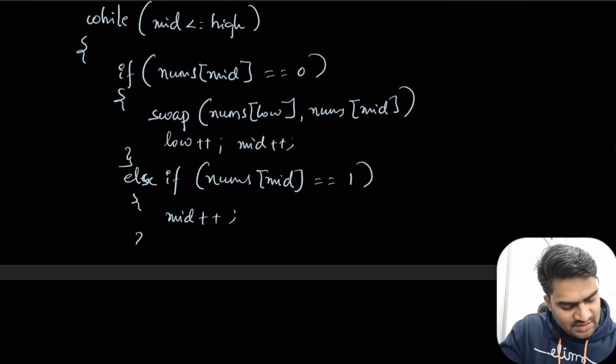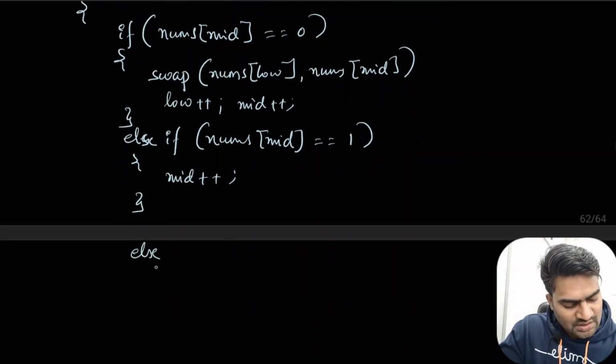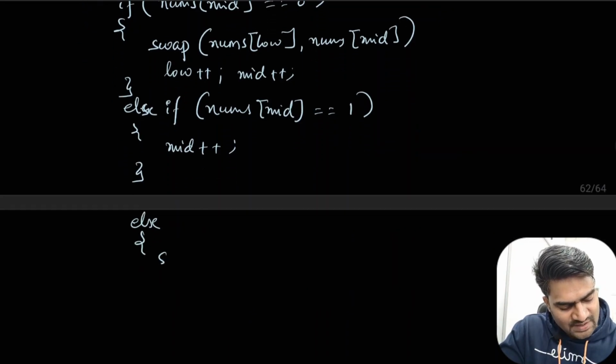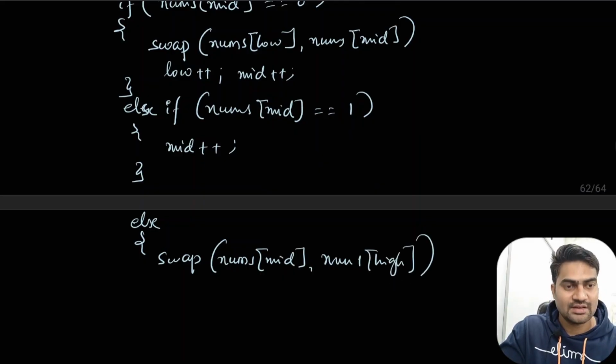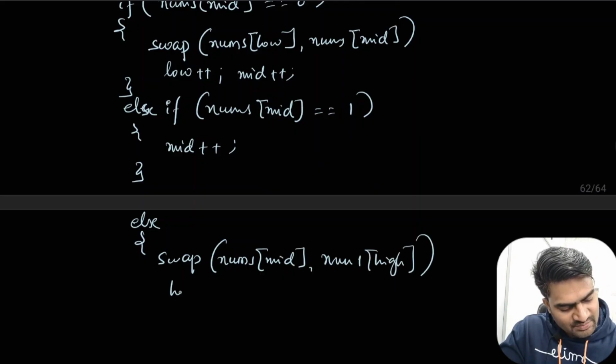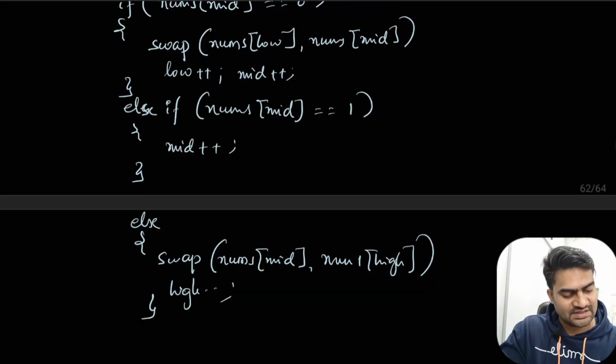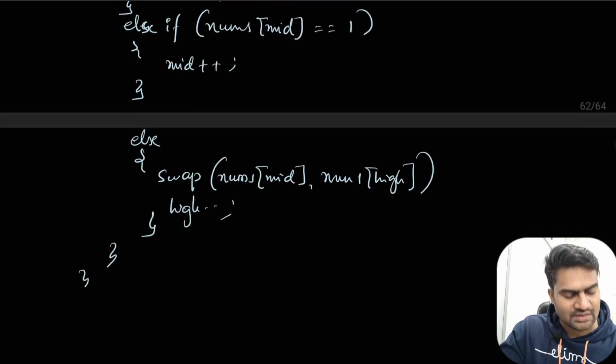Else, it is for 2, so I will swap nums of mid comma nums of high. Then I will decrement only my high pointer. Okay, this is done and we can close.